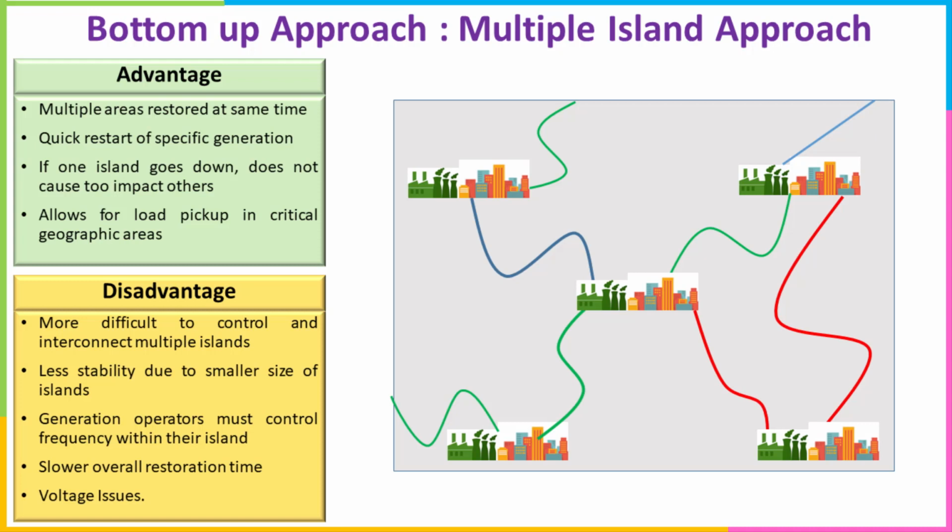And overall restoration, because you have to put in effort from, okay, from this island to this island I will synchronize. So you have to put up a lot at the same moment of time. And in a smaller island, there can be voltage issues also. So this will also come into the picture. So these are the disadvantages and these are the advantages of the multiple island approach.